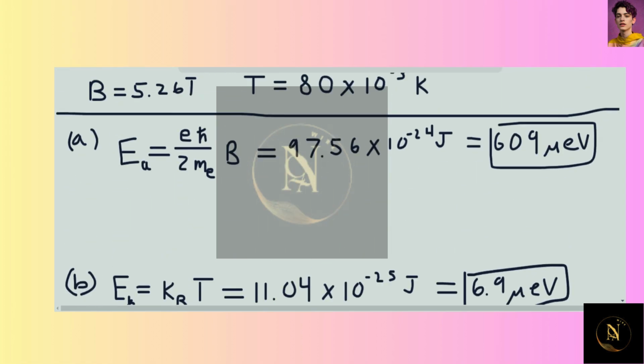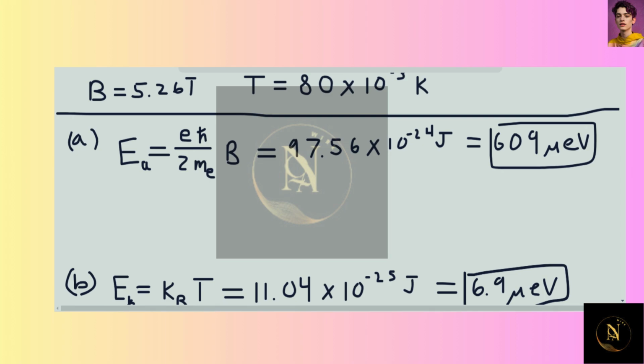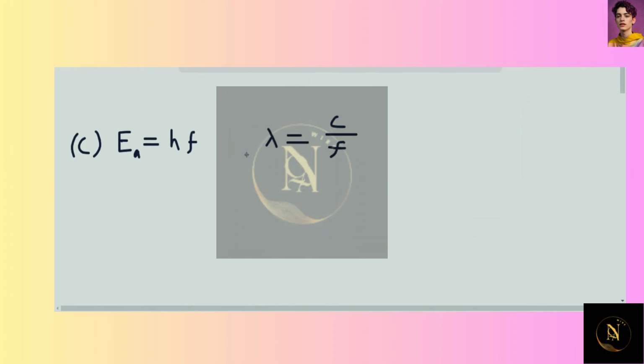Since Planck's constant has units of joule seconds, we want to use the joules version of E sub A, so the 97.56 times 10 to the minus 24 joules. Plugging that in, we find that the frequency is equal to E sub A over h, which comes out to equal 140 hertz.